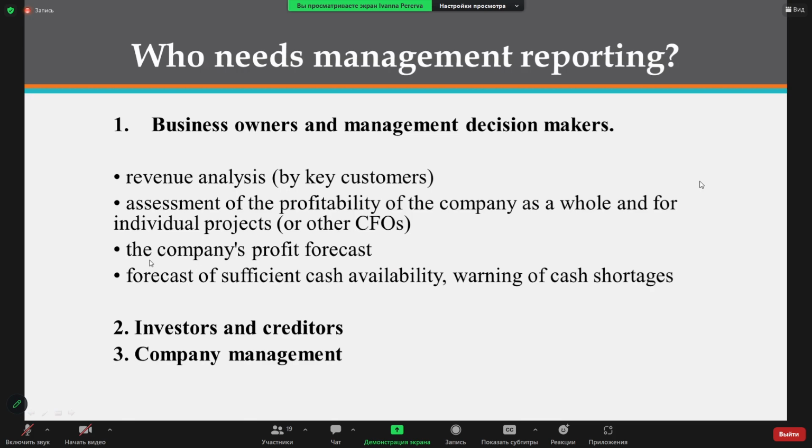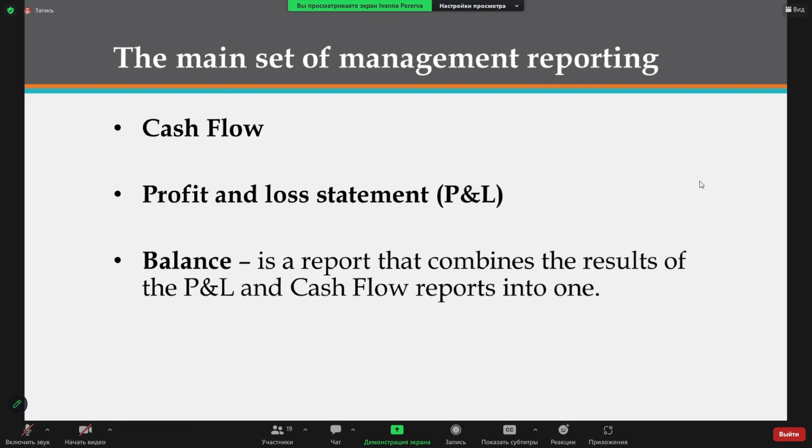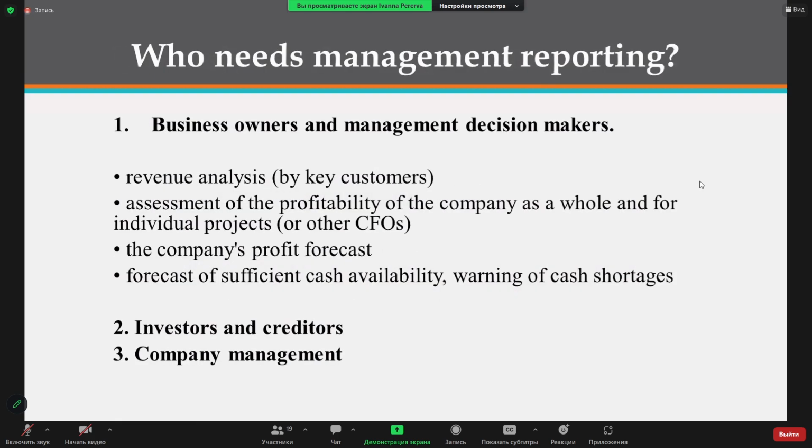Or also to predict the profit and to forecast significant cash availability, some warning of cash shortages, and so on. That's why for new businesses, small businesses, management reporting is really important.